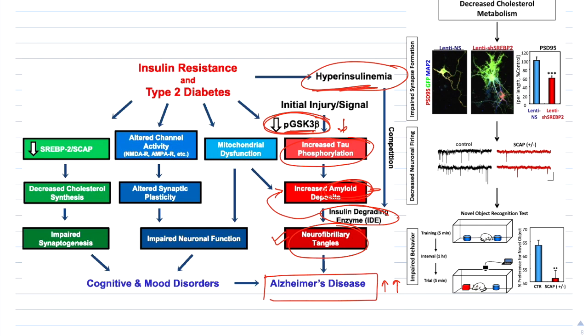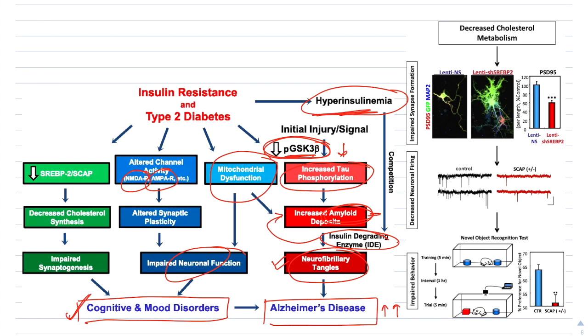Also, in type 2 diabetes, because of the insulin resistance, there is a mitochondrial dysfunction that impairs the neuronal function, leading to cognitive and mood disorders. Also, activity of various channels and pathways like SREBP, and altered channel activity of NMDA and AMPA, etc., will lead to altered neuronal function and cognitive and mood disorders occurring in type 2 diabetes. Also, because of a decreased cholesterol metabolism in type 2 diabetes, there will be an impairment of synapse formation.